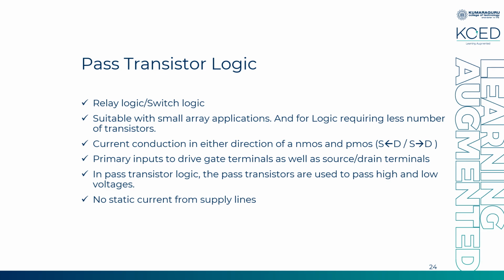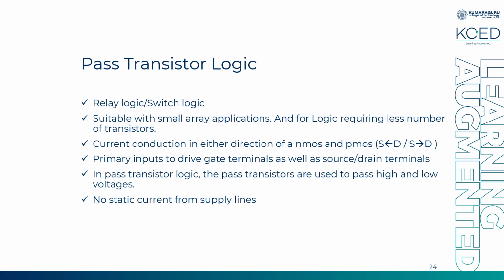And one of the unique points is you can use the primary inputs as a control signal as well as an input to the source or drain terminals. This is possible only in case of PTL. In no other logic will the primary inputs be used as a control as well as an input.